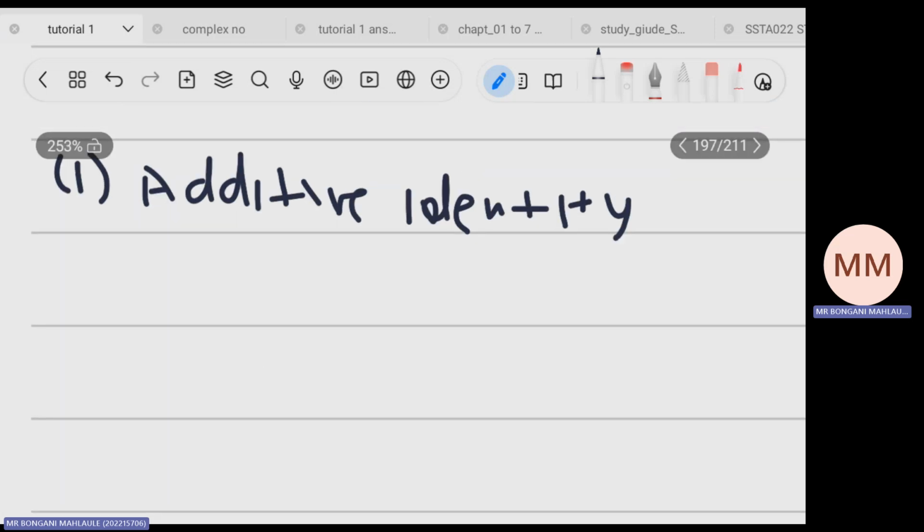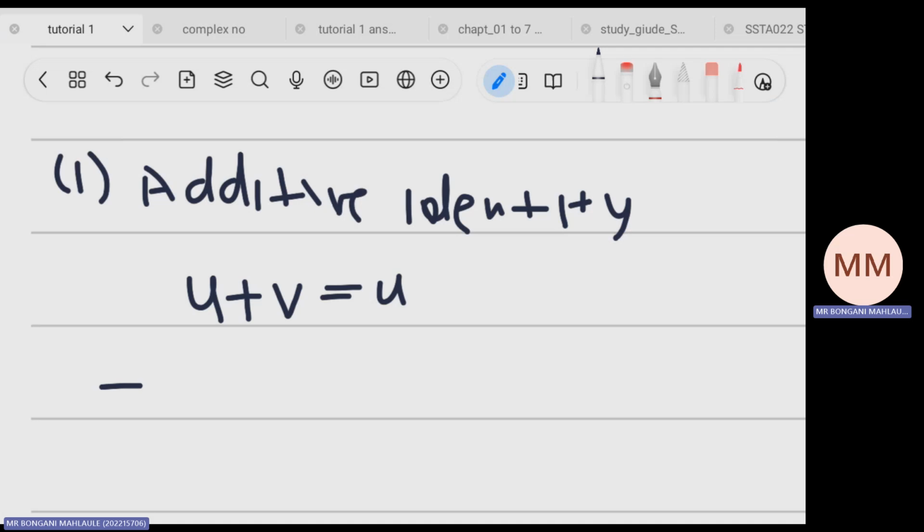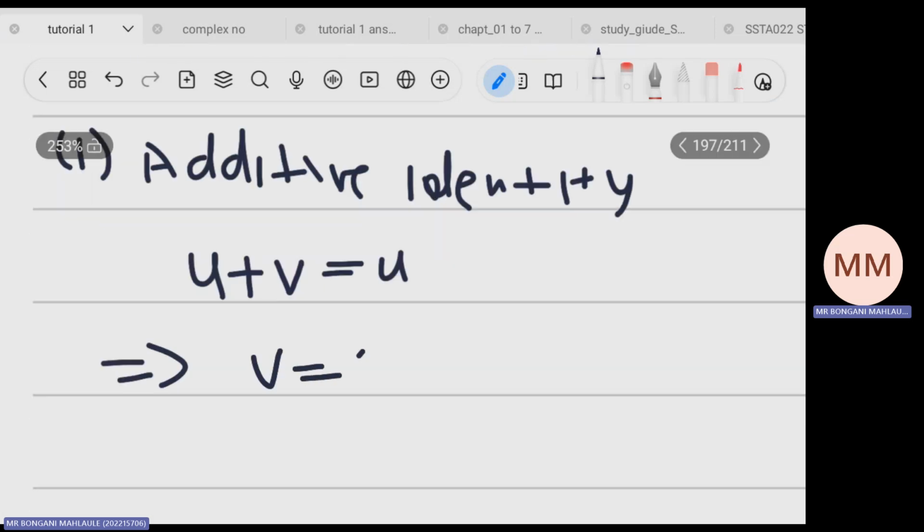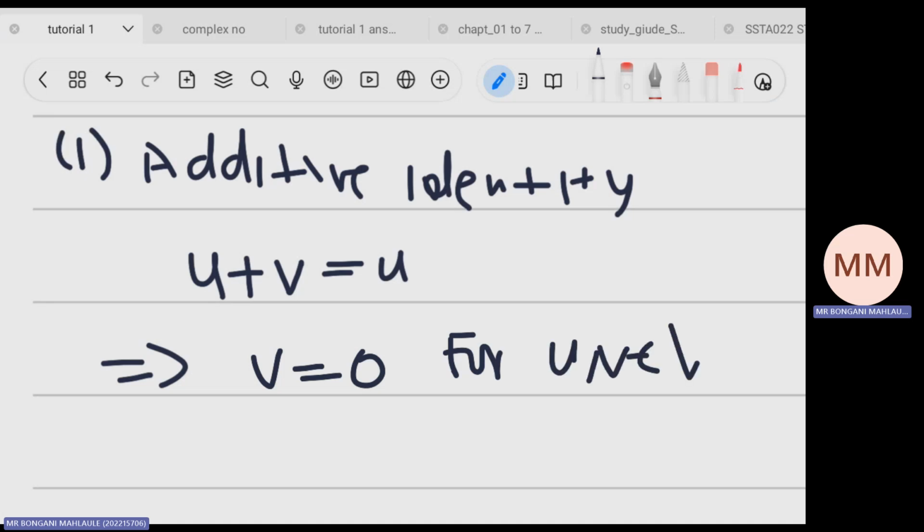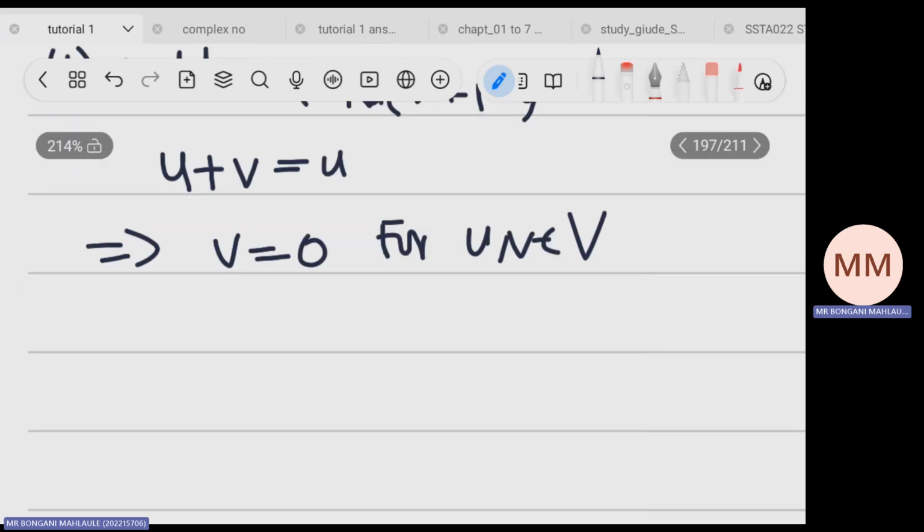The proof says that when you have u plus v equal to u, this implies that v is equal to 0, for u, v being elements of a vector space.